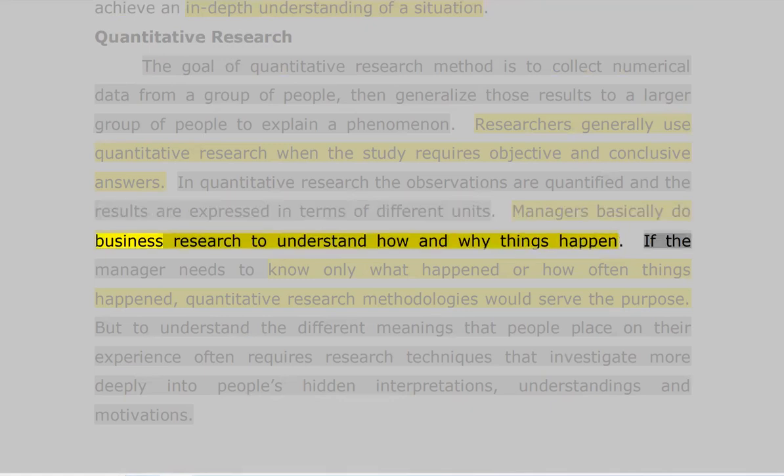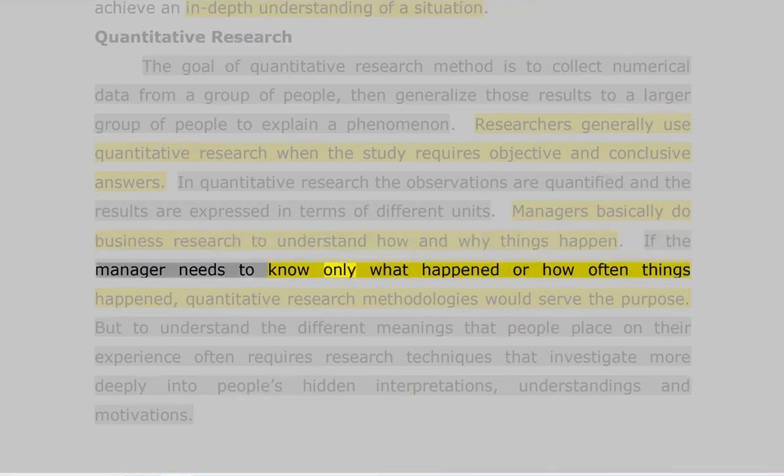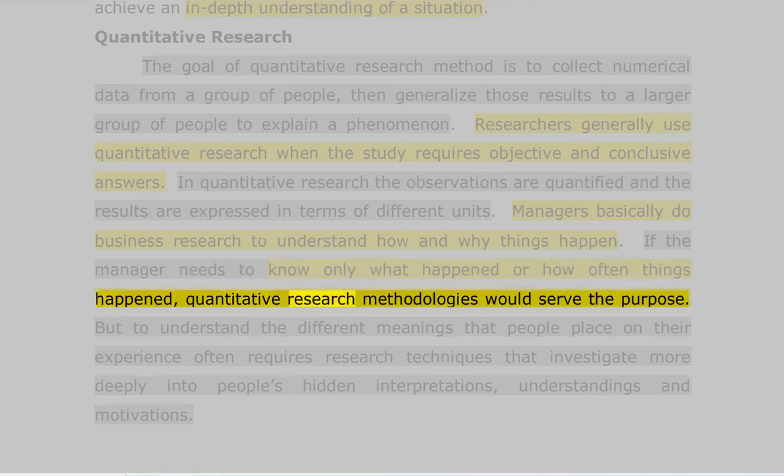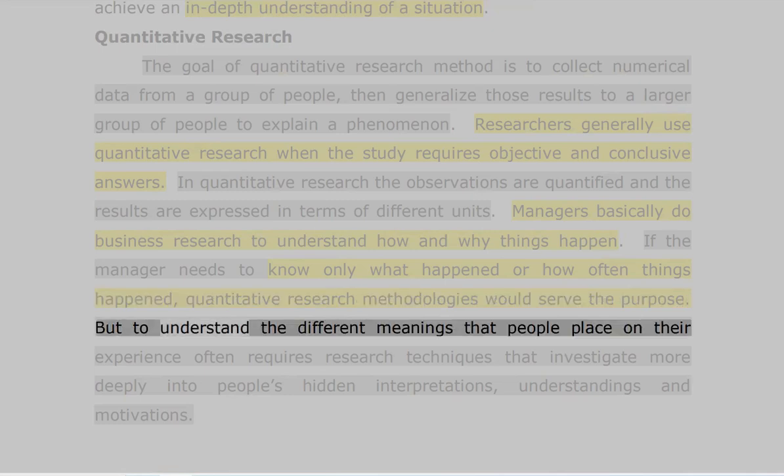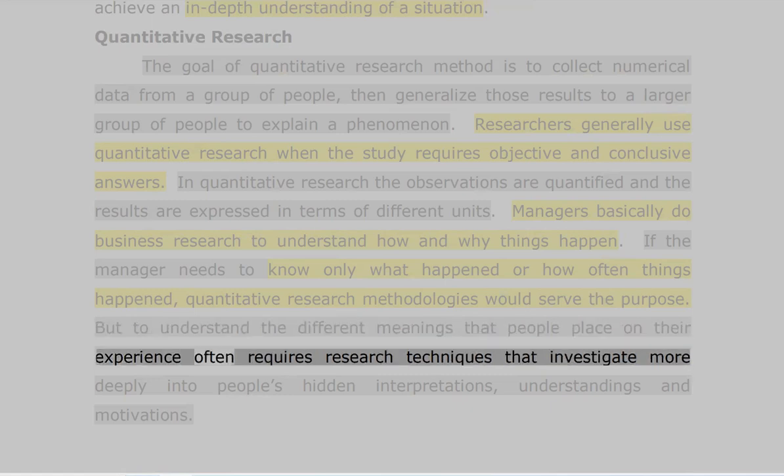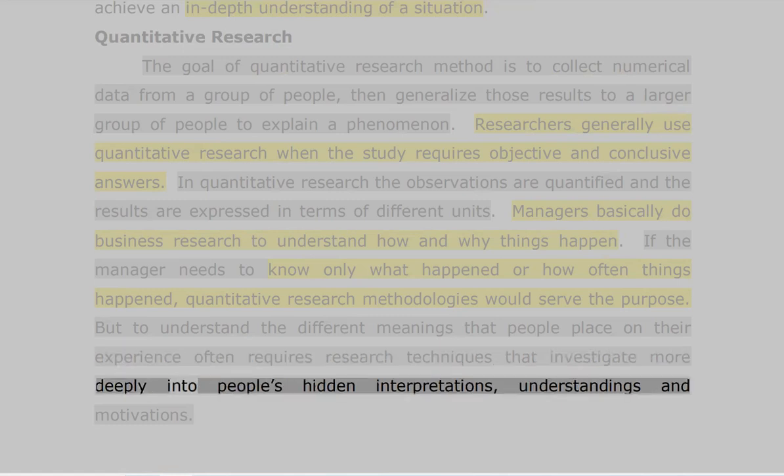Managers basically do business research to understand how and why things happen. If the manager needs to know only what happened or how often things happened, quantitative research methodologies would serve the purpose. But to understand the different meanings that people place on their experience often requires research techniques that investigate more deeply into people's hidden interpretations, understandings and motivations.